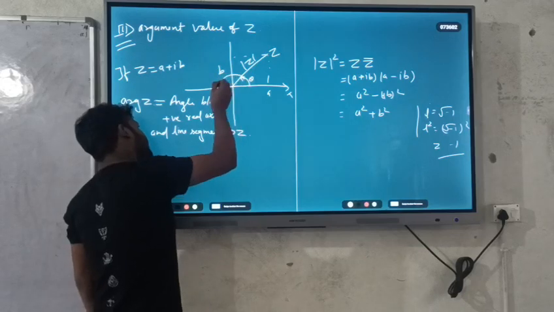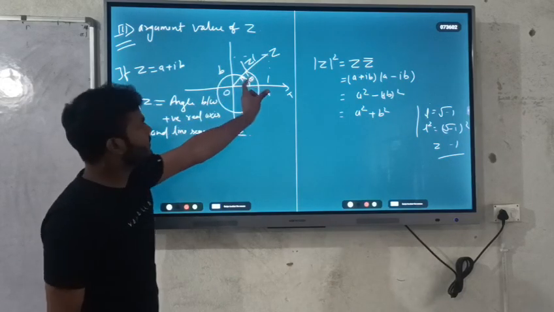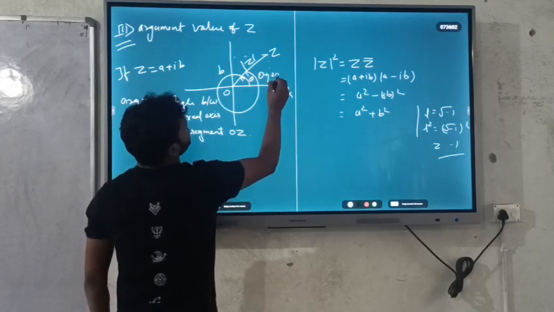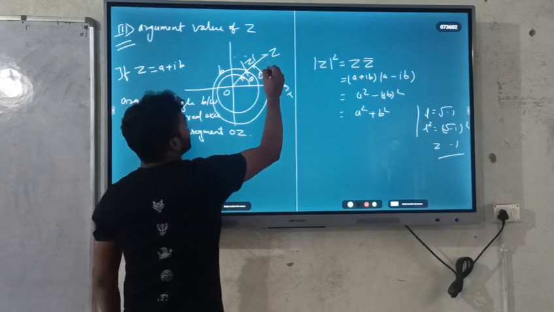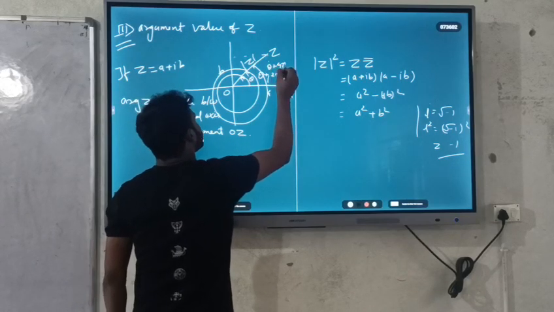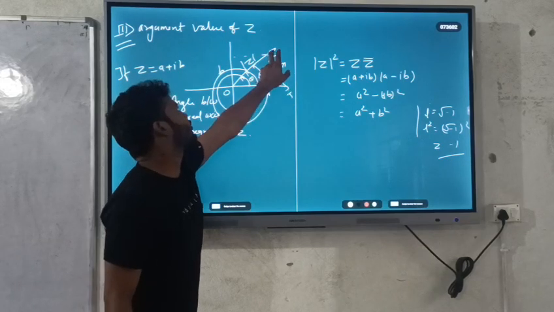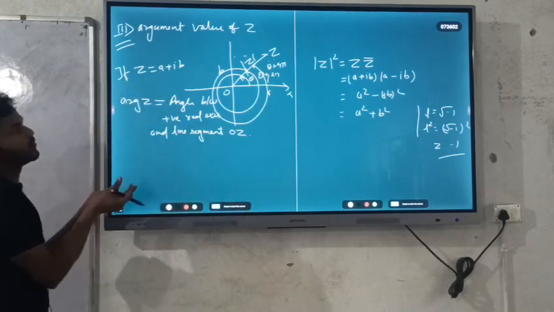What if I revolve from this by 2 pi? Then we again get the same line, and this value is theta plus 2 pi. If you again revolve by 2 pi, then we again get the same line, that is theta plus 4 pi. So all these angles are the argument value for this complex number z. So we don't get a unique number.